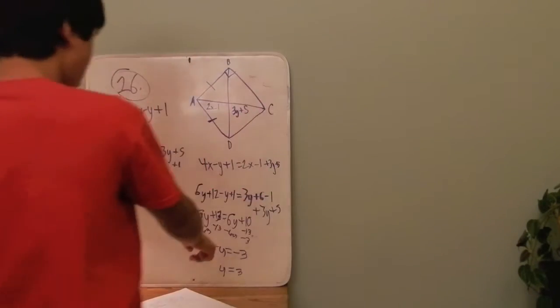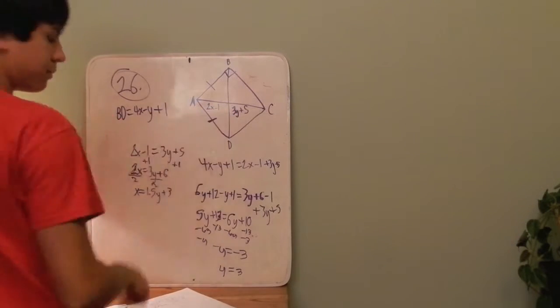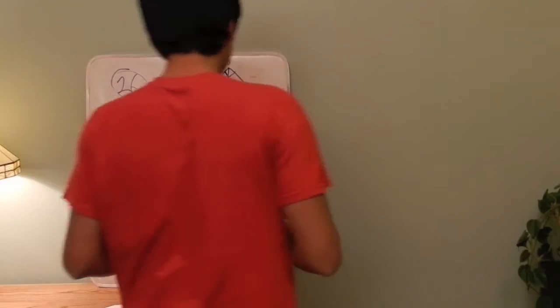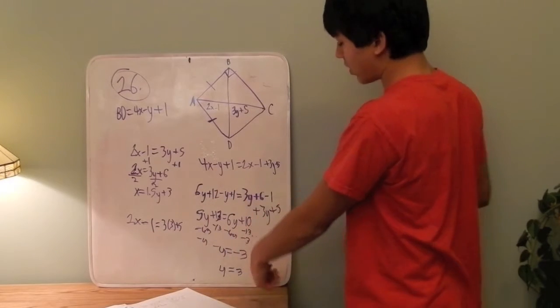Okay, so I'm going to put y into 2x - 1 = 3y + 5.